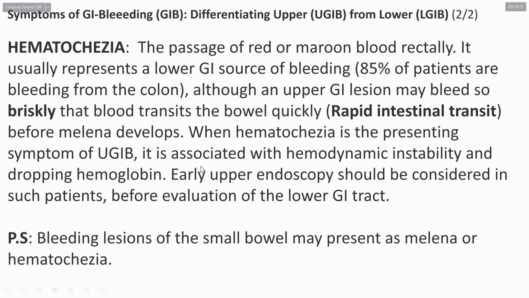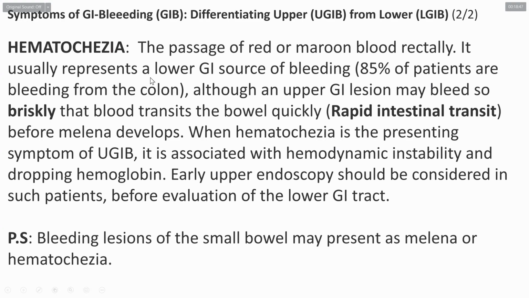Now, symptoms, hematochezia. What is hematochezia? It is when you pass large amounts of red maroon blood rectally, and usually associated with hemodynamic instability. The most common cause is colonic, sigmoid diverticulosis, not diverticulitis, diverticulosis.